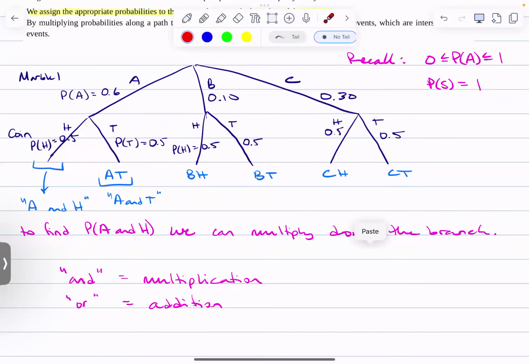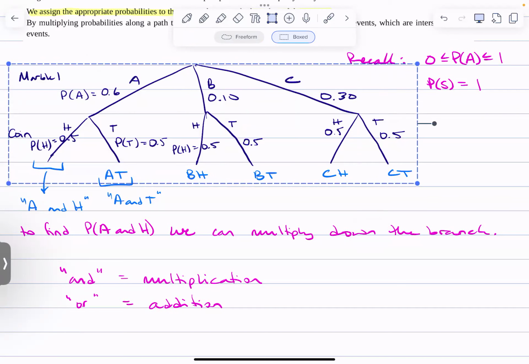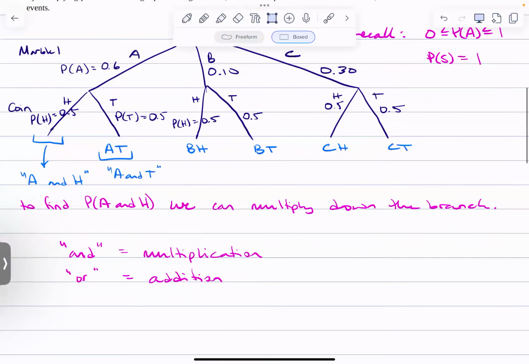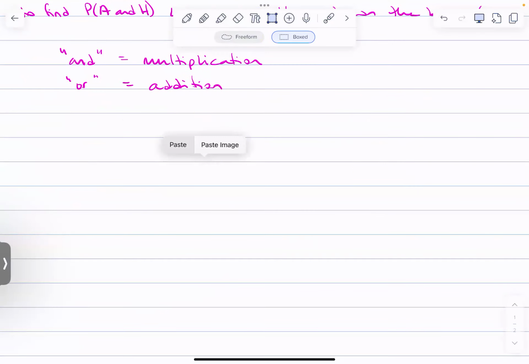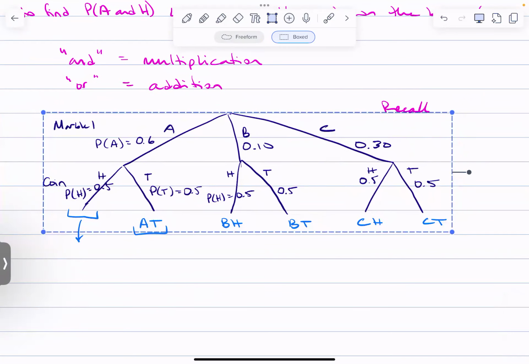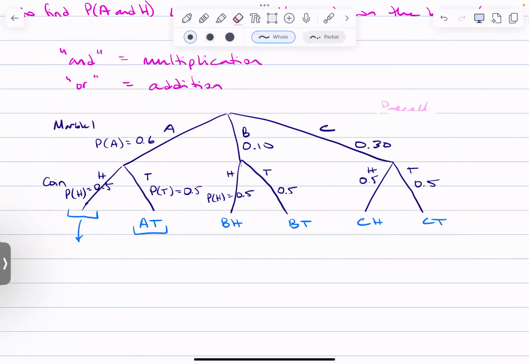And so maybe what I'll do is I'll snag a clean-ish copy of this. Clean this up here. AH.